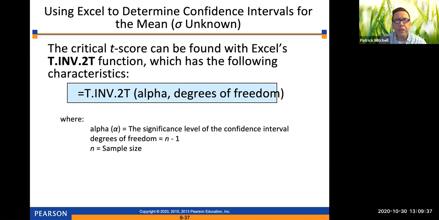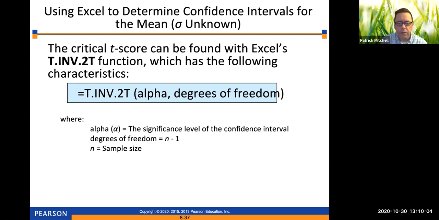So as an alternative to using table A3, you can also find critical t-scores using Excel's t.inv.2t function, which has the following characteristics. You put equals t.inv.2t, and then the inputs for that function are alpha, the confidence level, and the number of degrees of freedom.